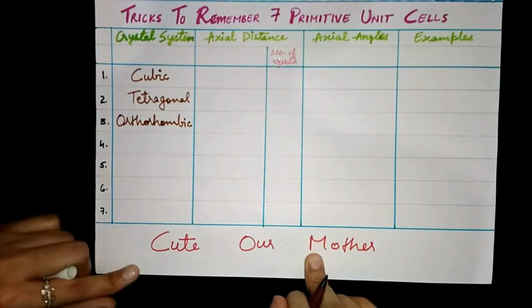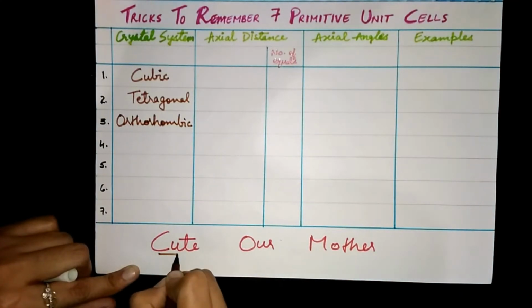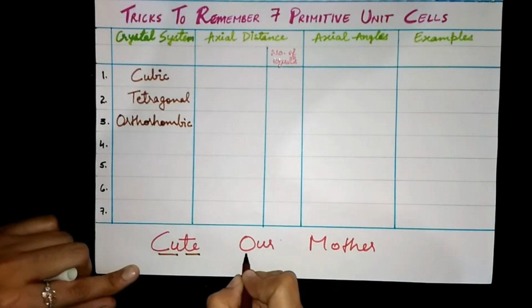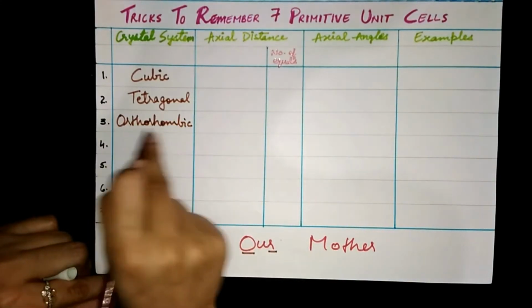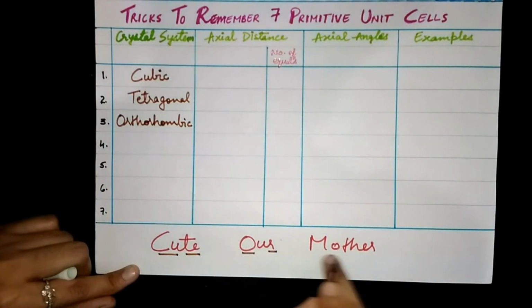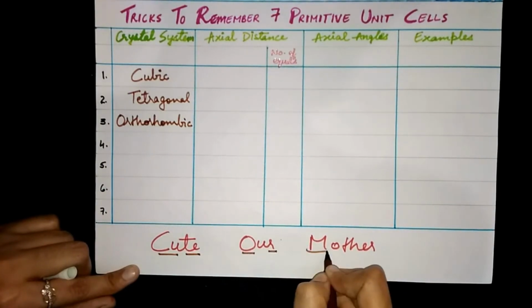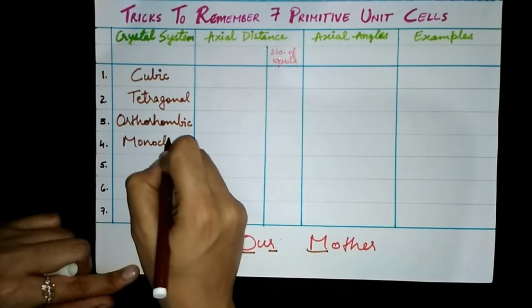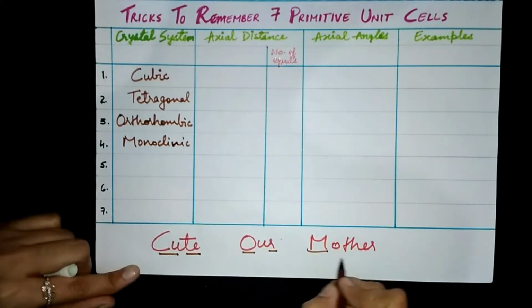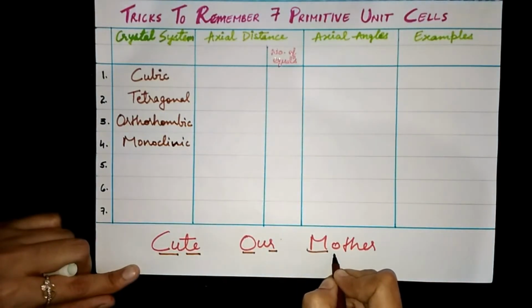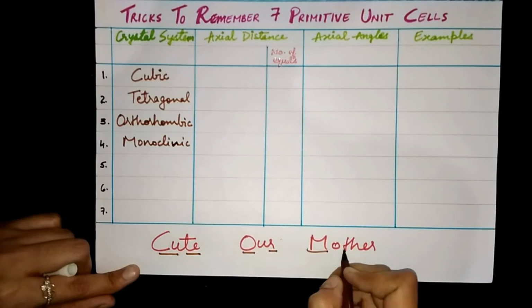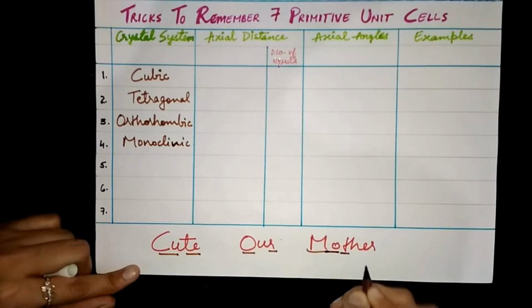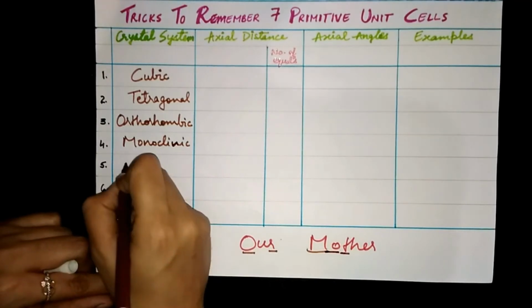Next is M, in "mother": Cu for cubic, Te for tetragonal, OR for orthorhombic, and this M is for monoclinic. Then T is for triclinic.